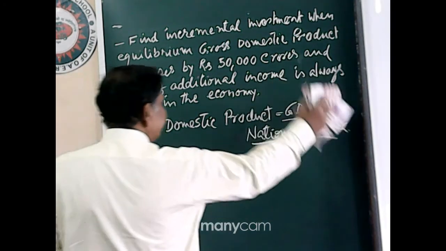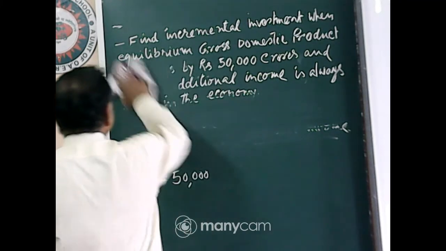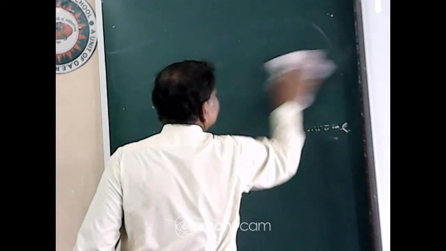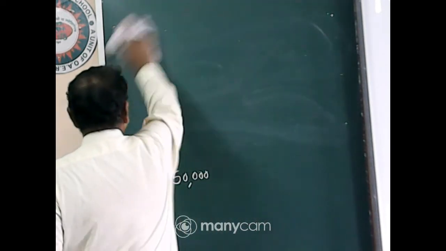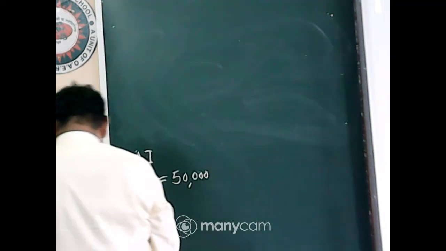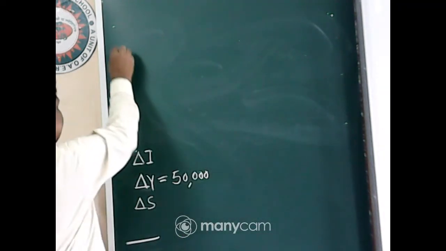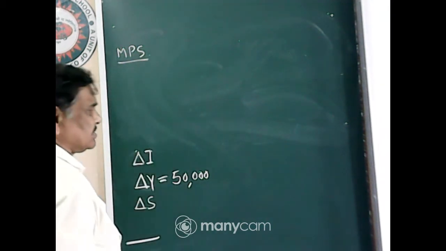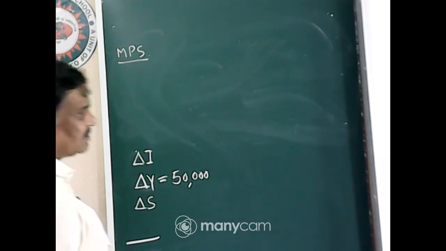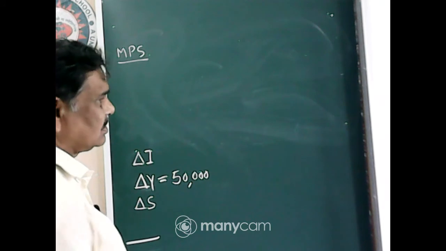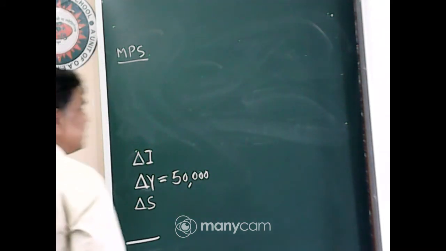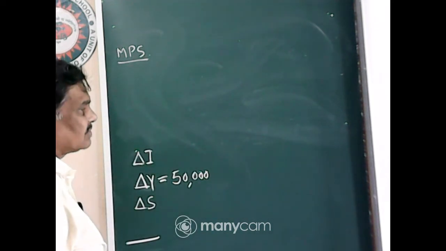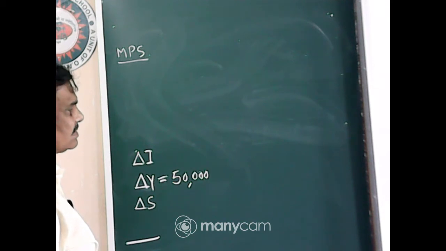So I am removing this part in order to calculate it. Now what do you mean by MPS? What is the full form of MPS? Marginal propensity to save. I have told you several times during my previous lecture.